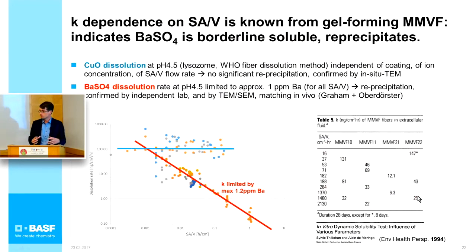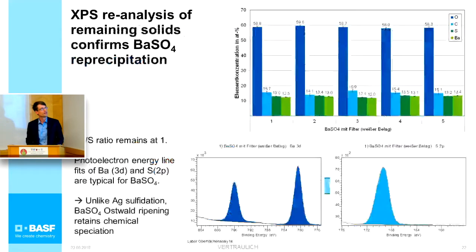And they related this to gel formation on the surface of these fibers. That's a reprecipitation process, very similar to the reprecipitation of barium sulfate. Sorry for going into this detail, but barium sulfate was a difficult case, and it gives us much confidence in this assay that we can understand this material finally.